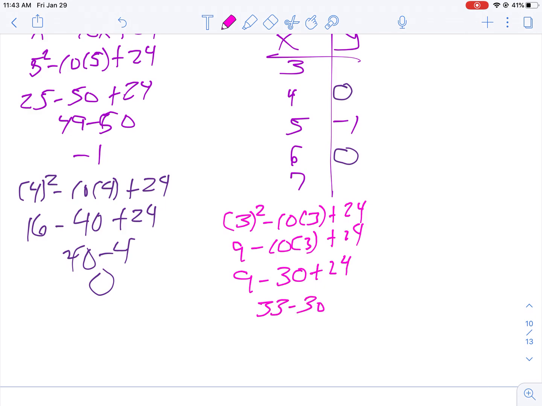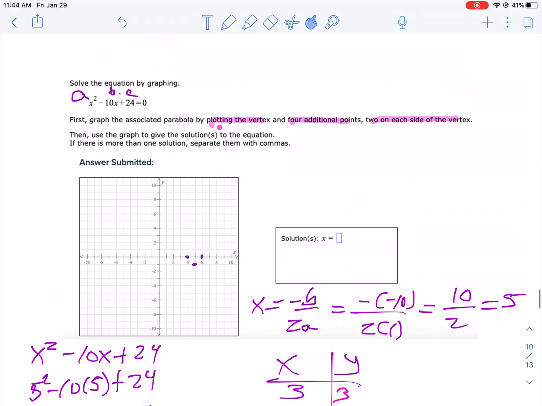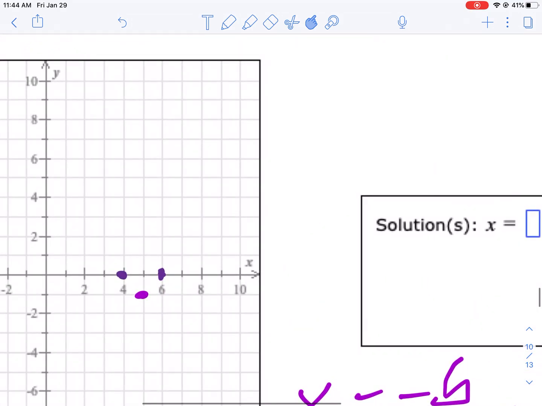Minus 30, that gives us 3. So I know when x is 3, y is 3. When x is 7, y is 3, because I know it's symmetric. Now you can draw your parabola.